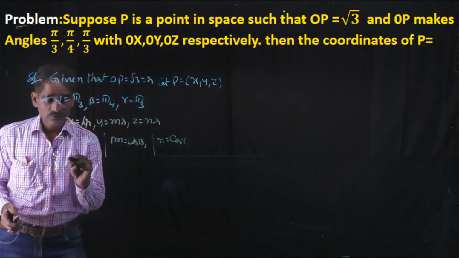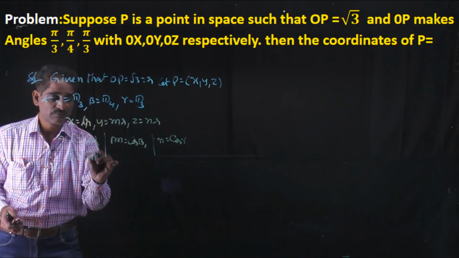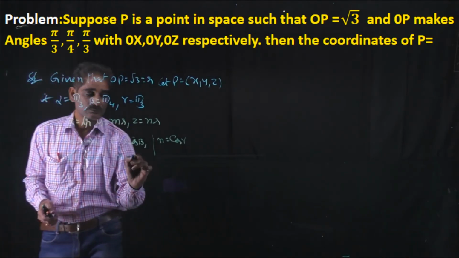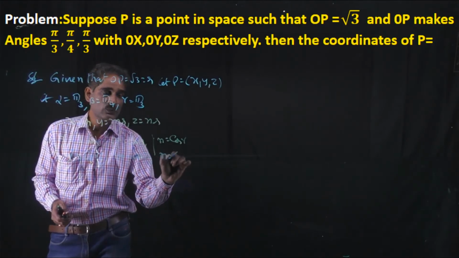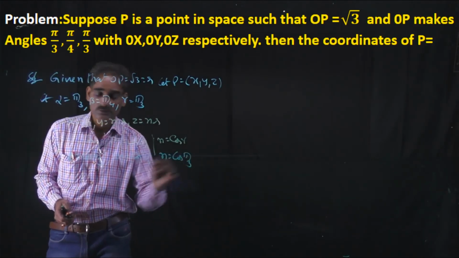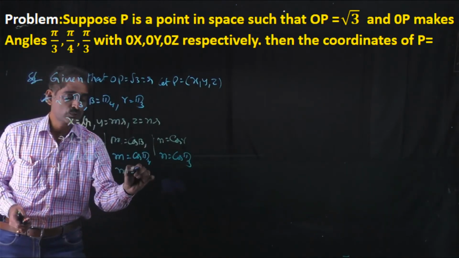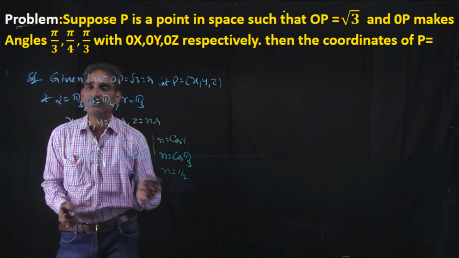Here alpha is pi by 3, so cos pi by 3, m is cos pi by 4, and n is cos pi by 3. So l is equal to 1 by 2, m is equal to 1 by root 2, n is equal to 1 by 2. These are the values of l, m, n.